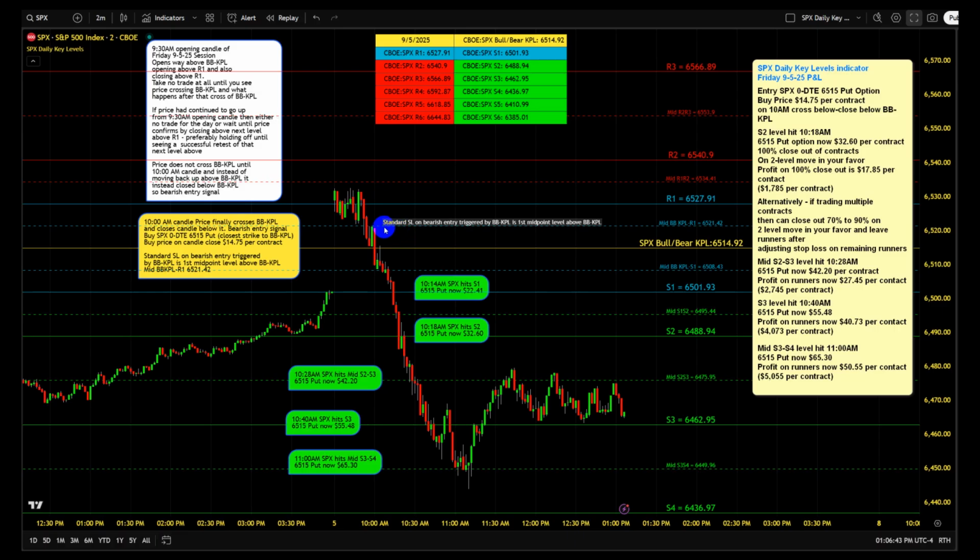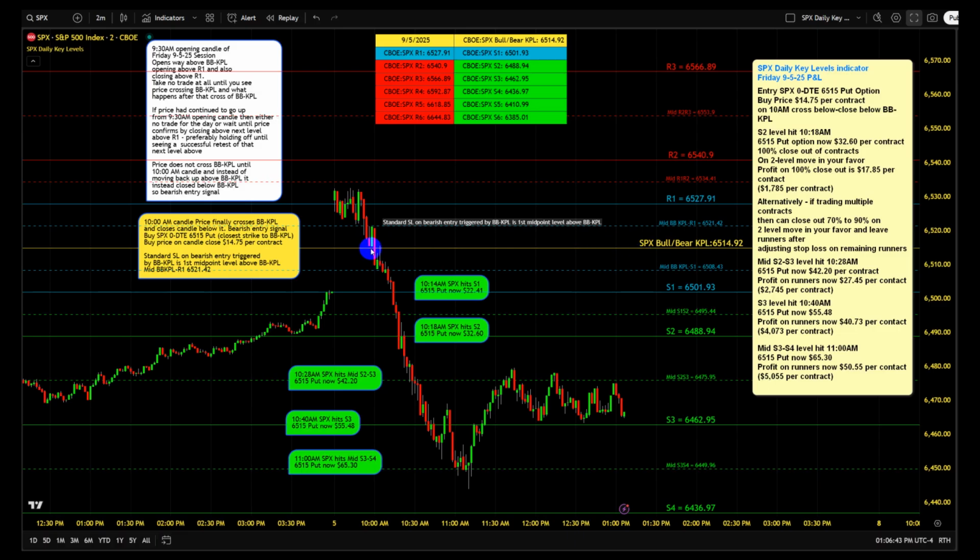So your stop loss on this trade is the first midpoint above the BBKPL, which is this mid BBKPL R1 level here. The buy price on this candle close would be for the strike price of a put option that's closest to the BBKPL level of 65.1492, so that would be your 65.15 strike.